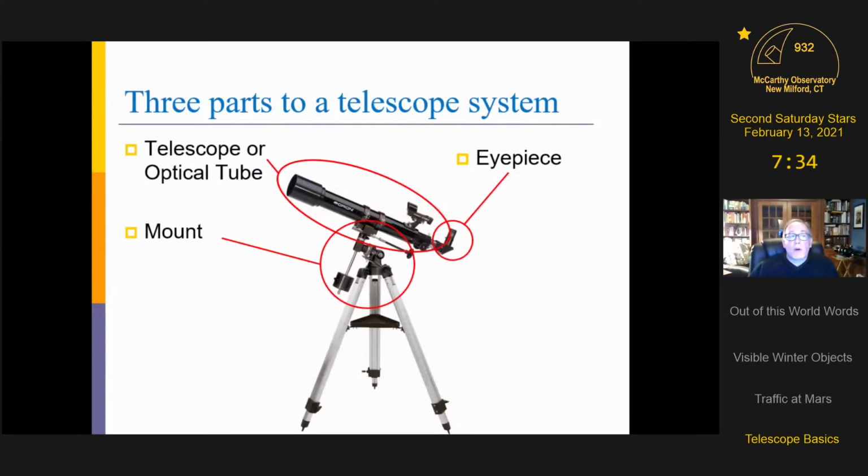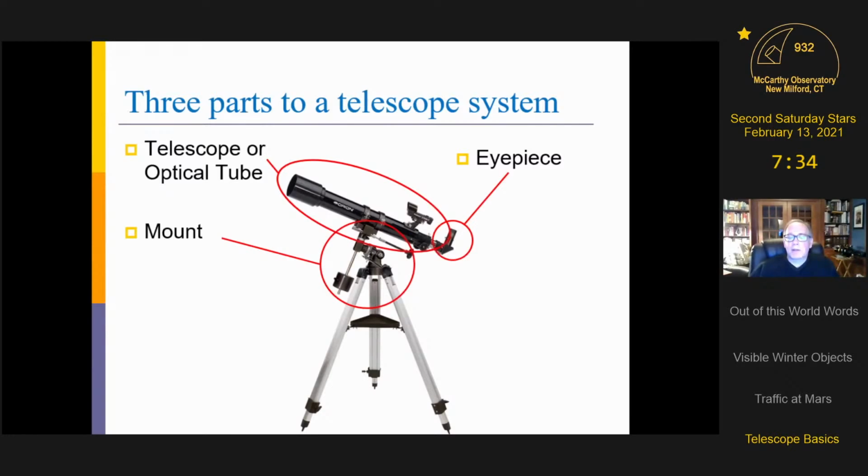So basically, there are three parts to a telescope system, even though we like to call it a telescope. The three components, though, all have their individual importance and their needs for the scope. The first one is the optical tube or the telescope. The second is the mount, one of the most important things.